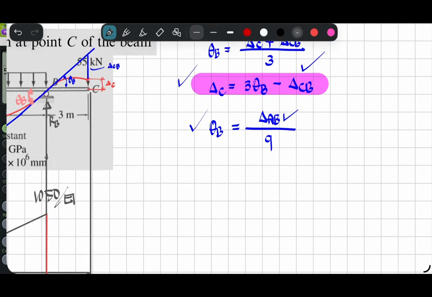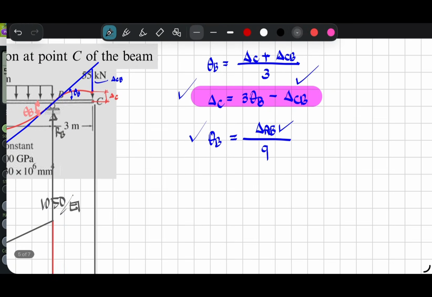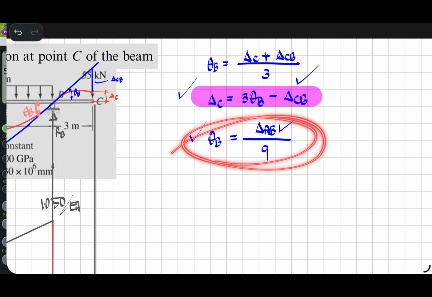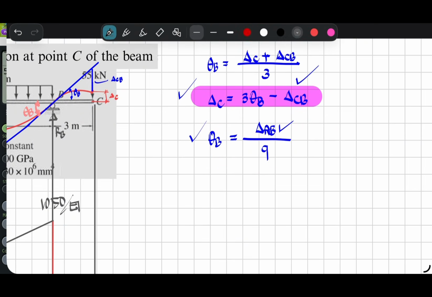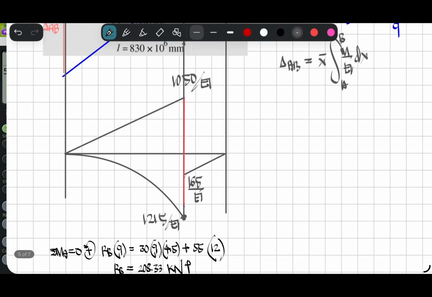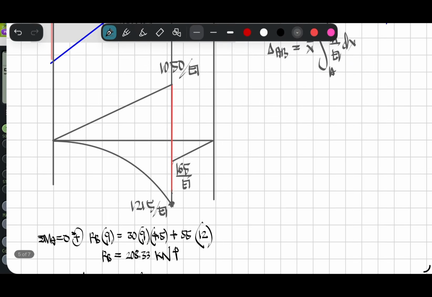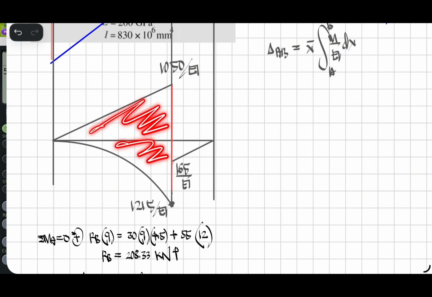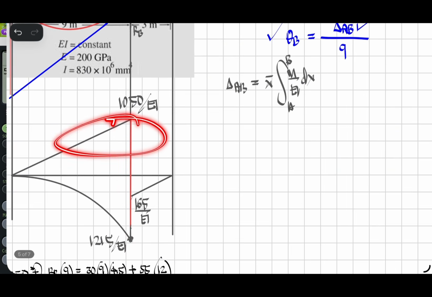We can now proceed in solving for the deflection at C. To solve for theta B, we need delta AB, which is equal to x bar times the integral of M over EI dx from A to B. A to B covers these two areas, positive or negative.